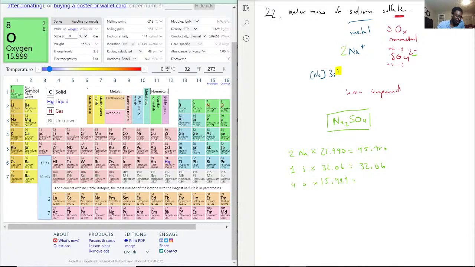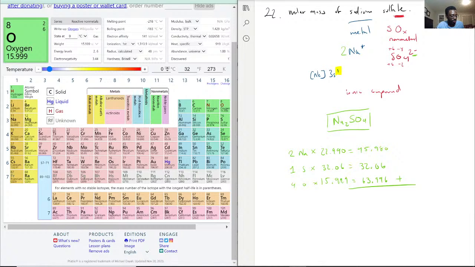32.06. And 4 times 15.999 is 63.996. Okay. So we're going to add all these together to get the molar mass.